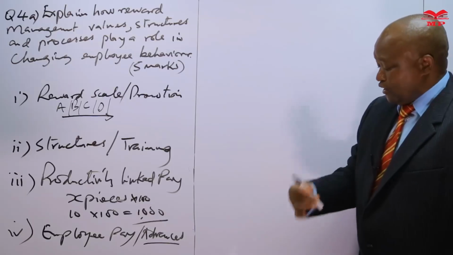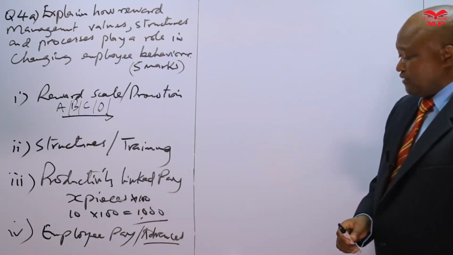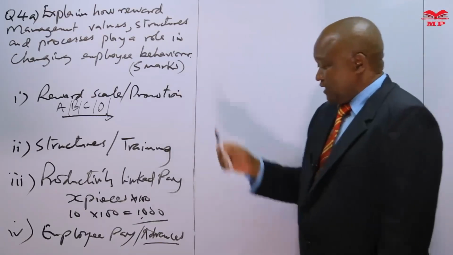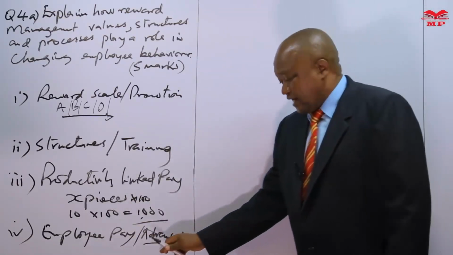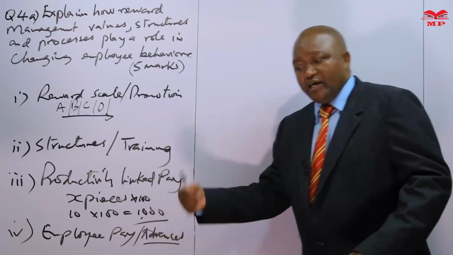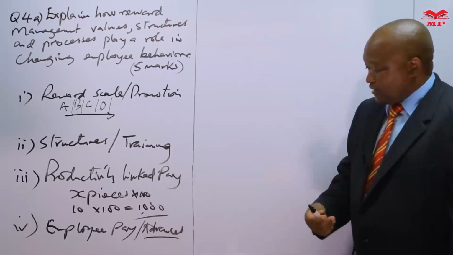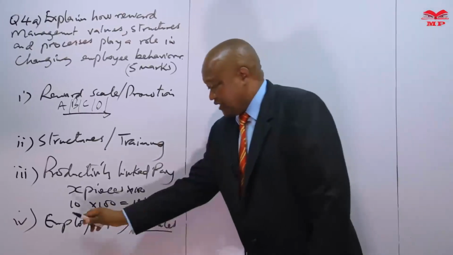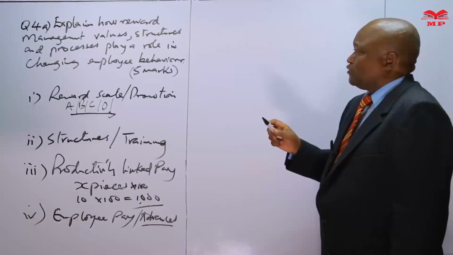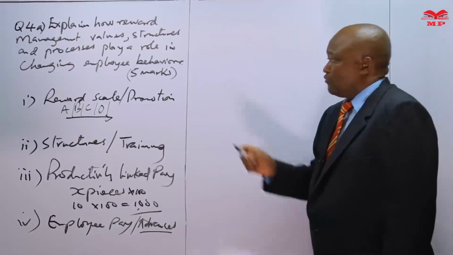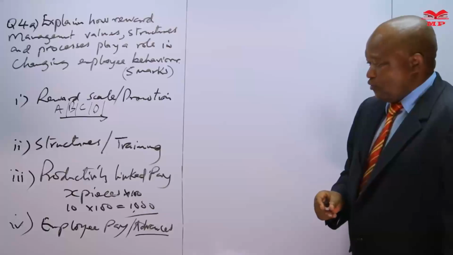Workers complete the requisite forms and get advance pay, and then the remaining pay at the end of the month. That is provided for in relation to the structures and processes of paying employees within a given working environment.